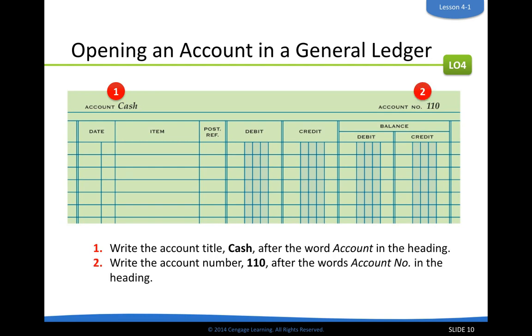Step 2, we write the account number. It's that simple. Now we have an account form, or a balance ruled account form, long way of saying it, for cash. And that is how we create an account form for each account that we have in our chart of accounts.